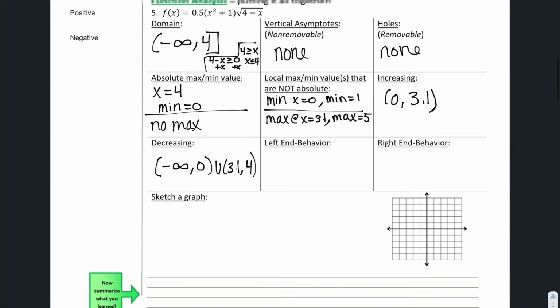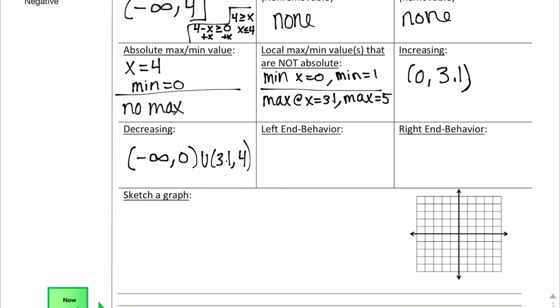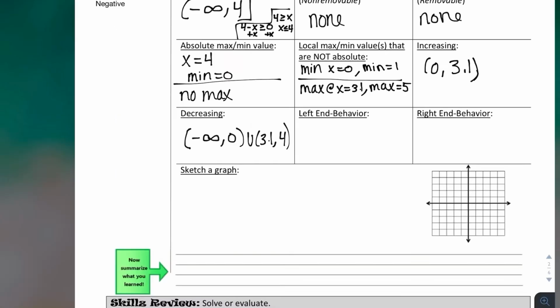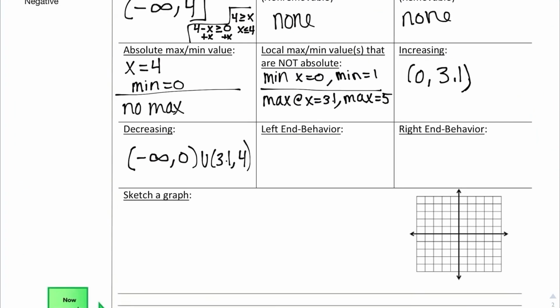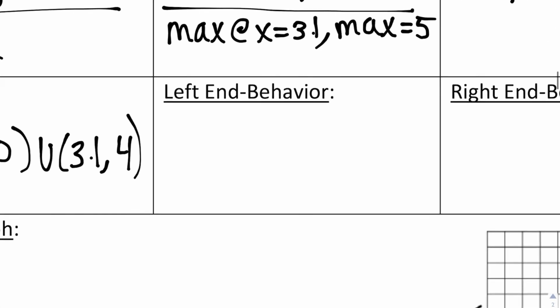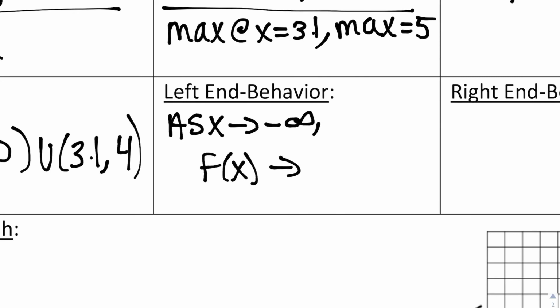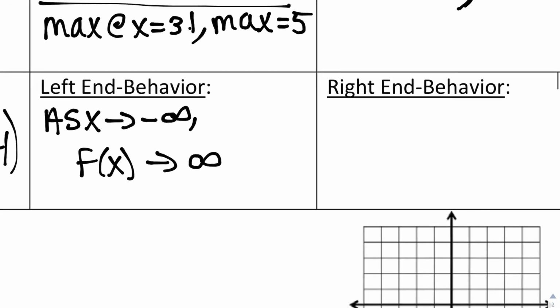All right. So then the last piece here is the left end behavior and the right end behavior. So as my graph goes off to negative infinity, so as x goes to negative infinity, the function is increasing, right? So the function is getting larger. So that'll be my first piece, the left end behavior. As x approaches negative infinity, f of x is approaching positive infinity.